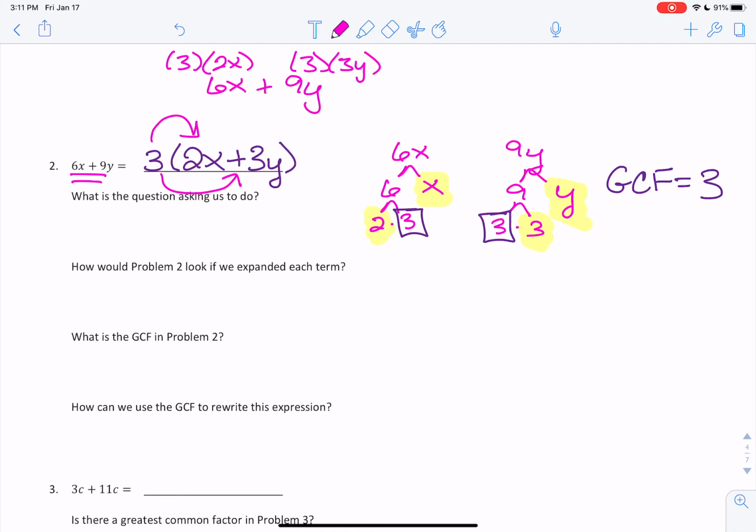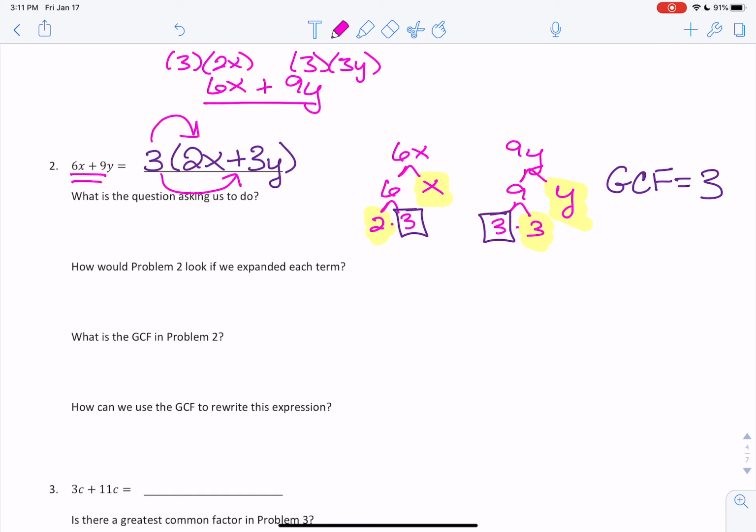So yeah, we get 6x plus 9y, which is what we started with. So yes, we know we did it correctly. So anytime you factor something out, go ahead and use the distributive property and multiply it back in to check your answer and see if you got what you started with. If you did, you did it right. If you didn't, something happened and it's wrong.